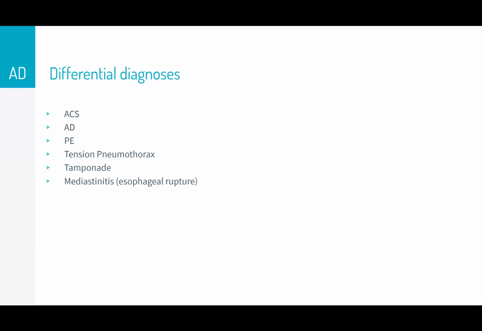The pain of esophageal rupture is almost exactly the same as an aortic dissection. So I advise you that there is a table in UpToDate that summarizes how to differentiate between these differential diagnoses in clinical, laboratory, and physical examination findings.